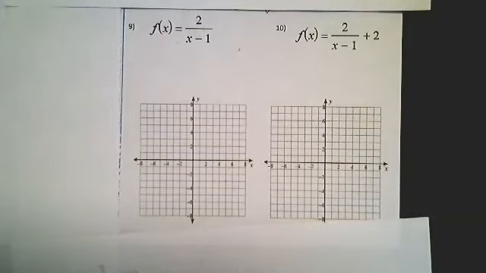And once you can graph this rational, if we put a plus 2 on the end, it takes the graph and moves it up 2 boxes, 2 dots. If this graph was this, that graph would be 1, 2, 1, 2. Right there. Called a transformation up 2.